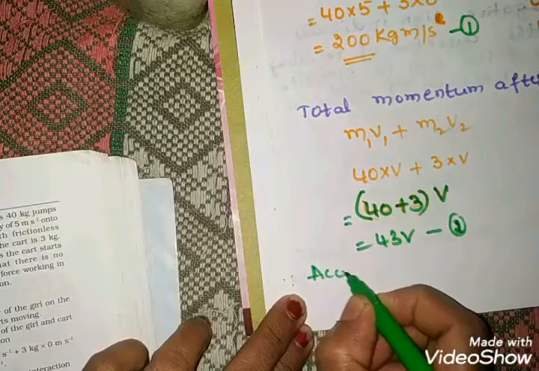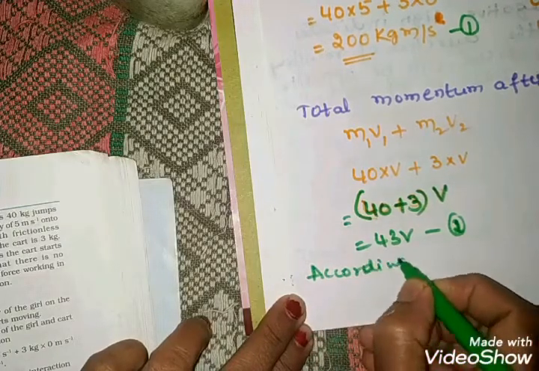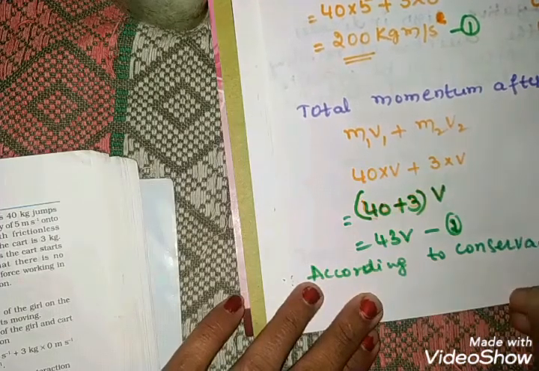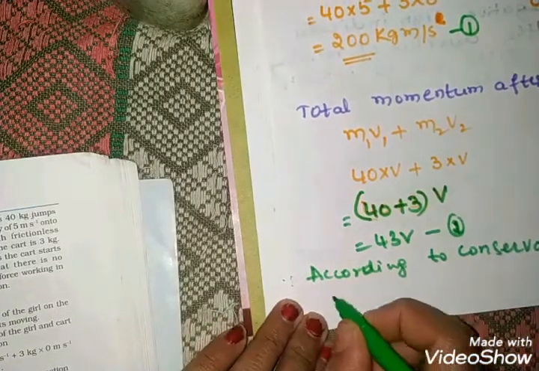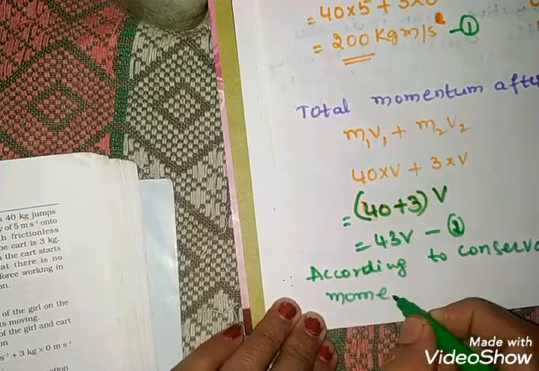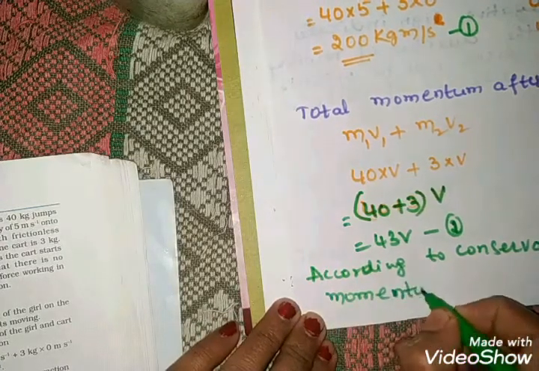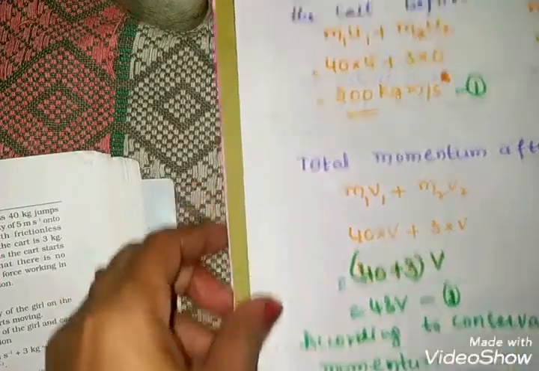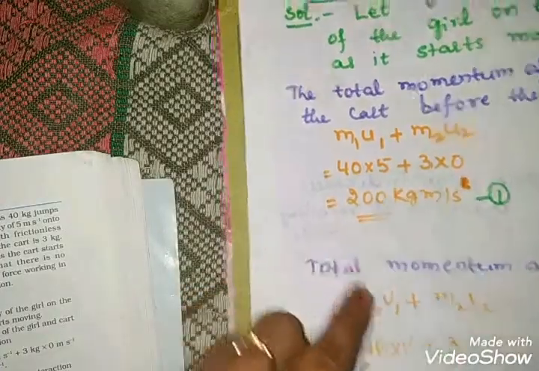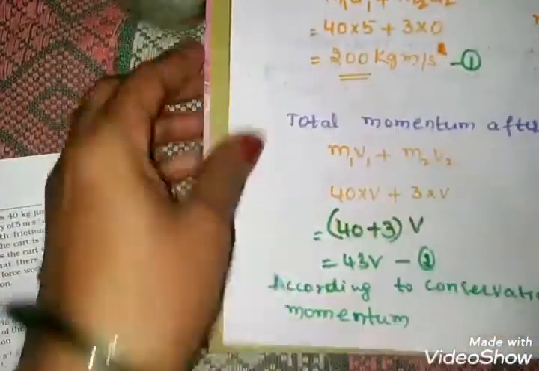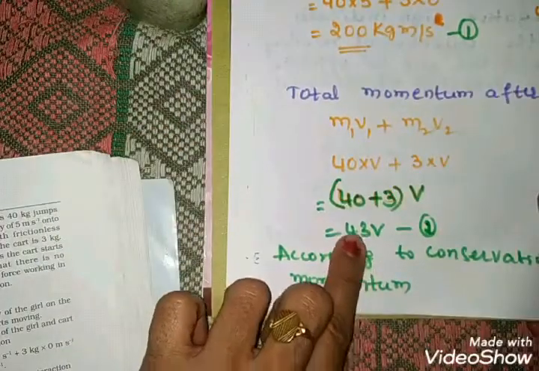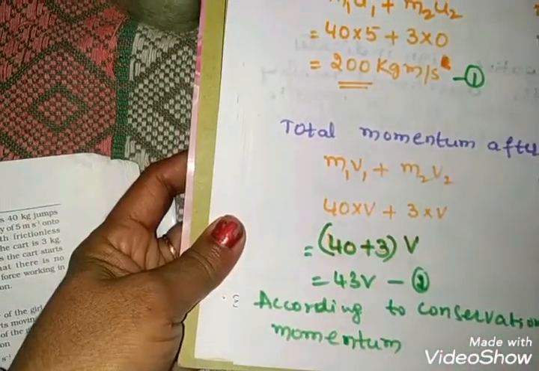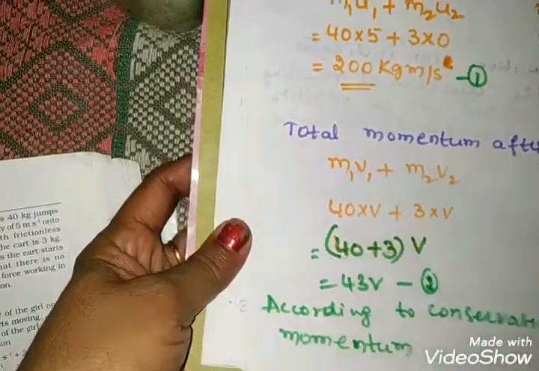According to conservation of momentum, the total momentum before the reaction is equal to total momentum after the reaction. So this must be equal to this one. Correct, no? So here I have to equate 200 and 43V. You can observe, children, here. Yes.